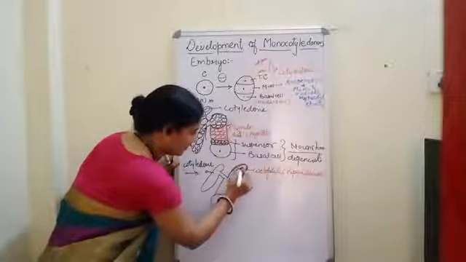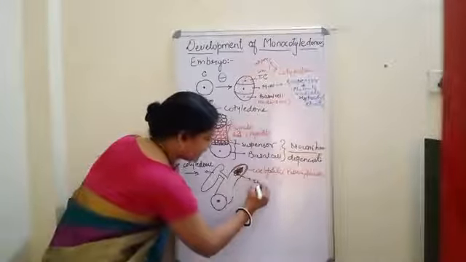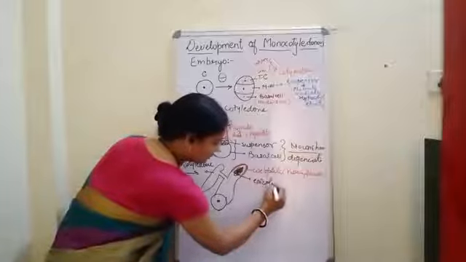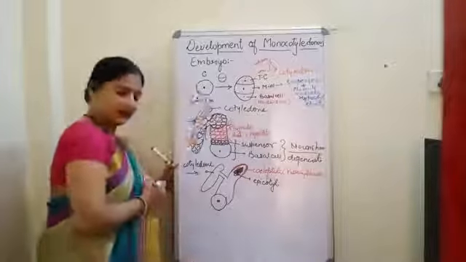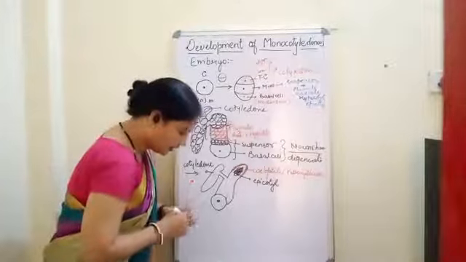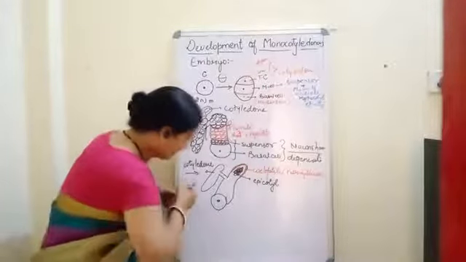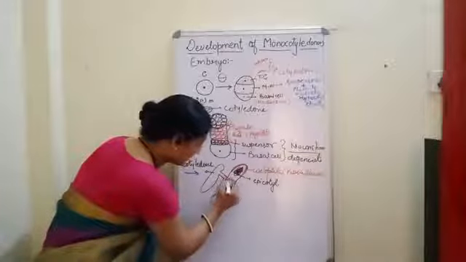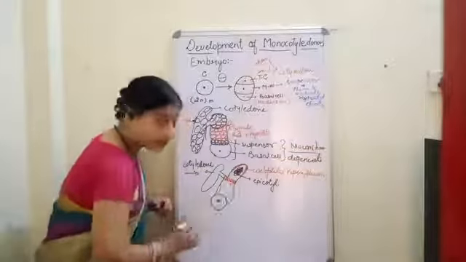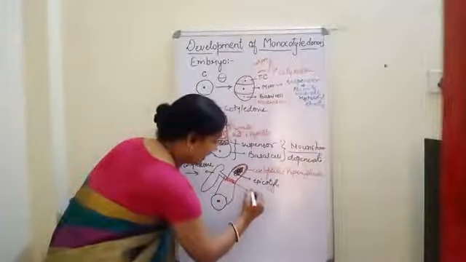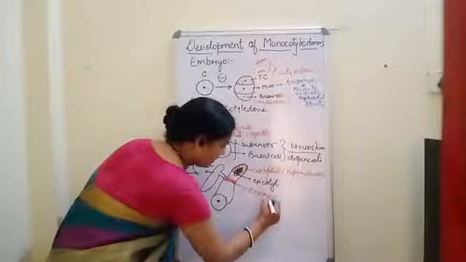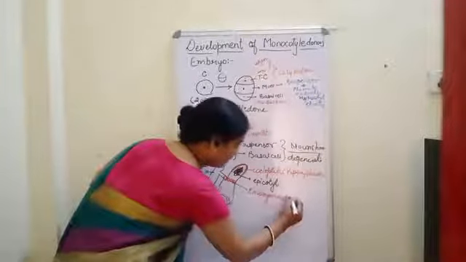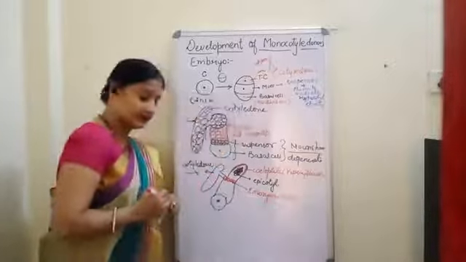Clear? Now, see. When we come to the downside, we will get here a mass of cells after multiple divisions, and then we will get the epicotyl. Clear? Then we come to this portion, because this is a junction, so it is called the embryonal axis.